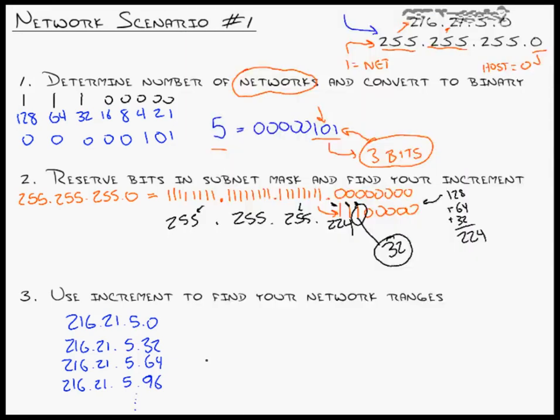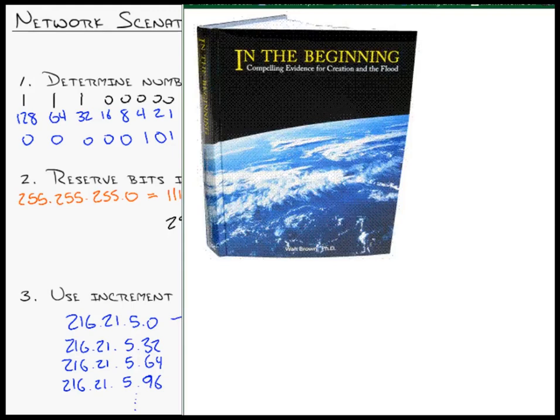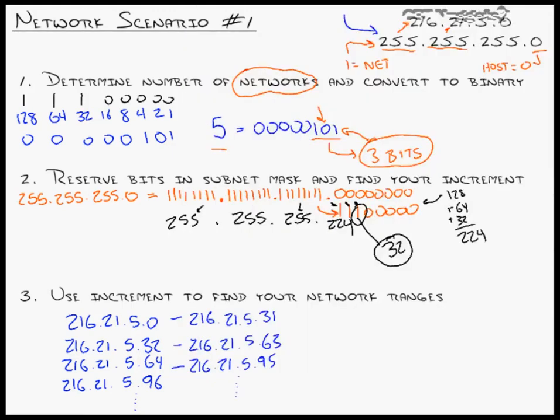Each one of these numbers seen here is the beginning of each network range. So the first range would be 216.21.5.0 through 216.21.5.31, and follow this pattern all the way down until you meet the requirements.